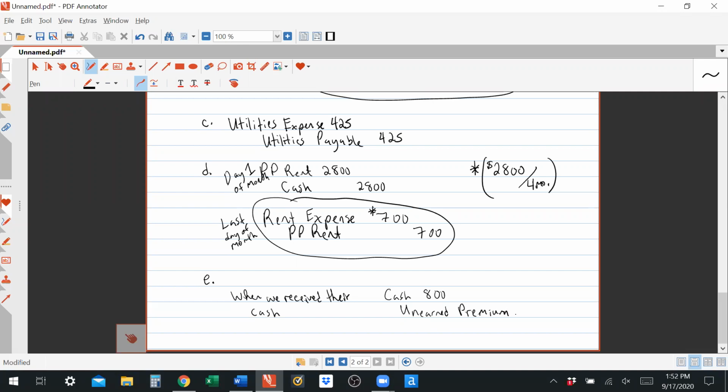We received their insurance premium already. And this is how insurance works as well. You receive the cash from the customer in advance, and then you have to insure them. You have a liability to insure them for a certain amount of time. In this case, we have to insure them for 12 months. So unearned premium revenue was credited.